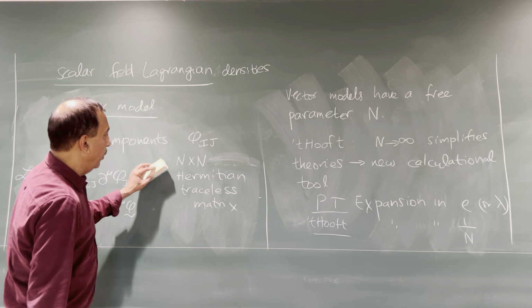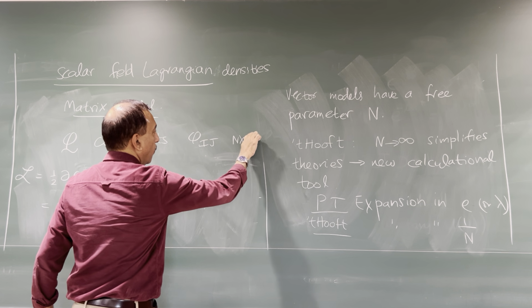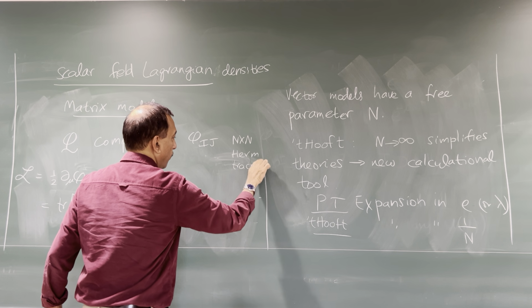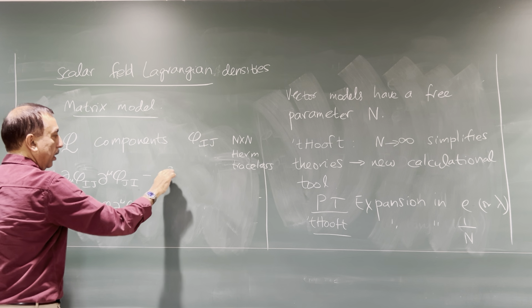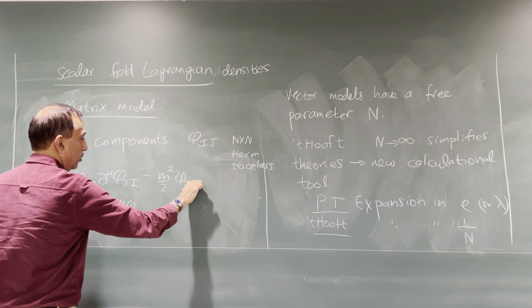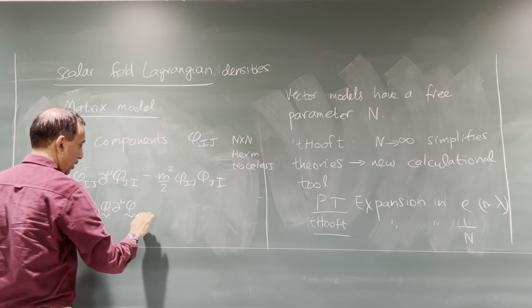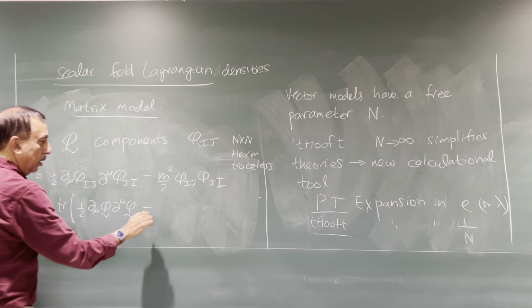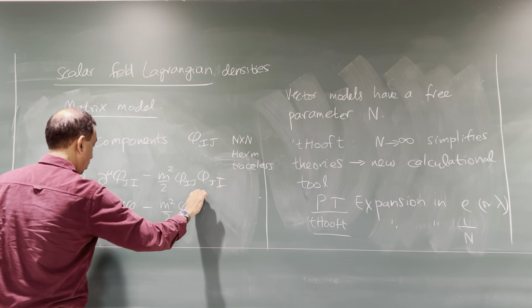Okay, and now we can write a mass term. Here it would be minus m squared by 2 phi ij phi ji. And in this notation, it's just minus m squared by 2 trace of phi matrix squared.